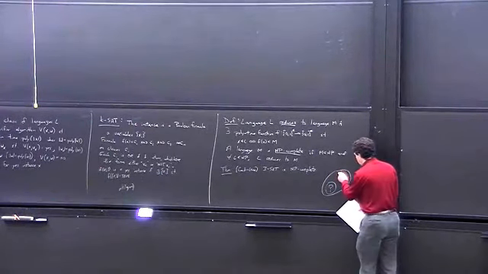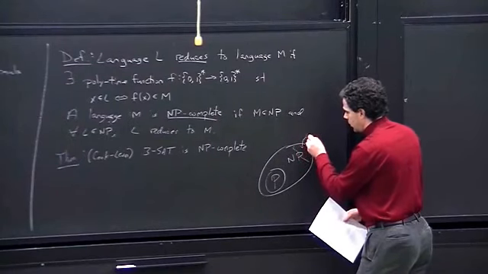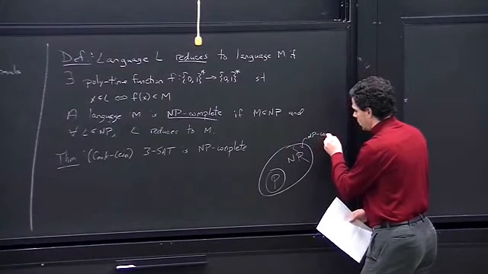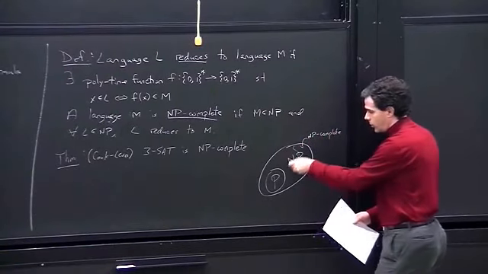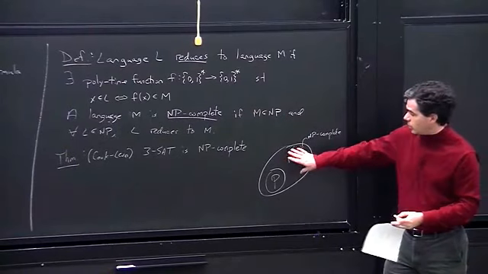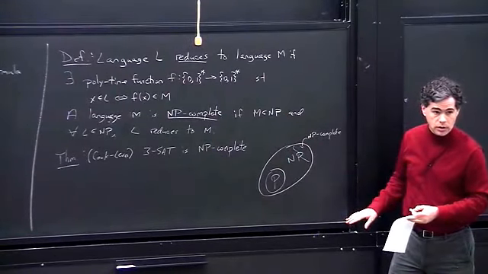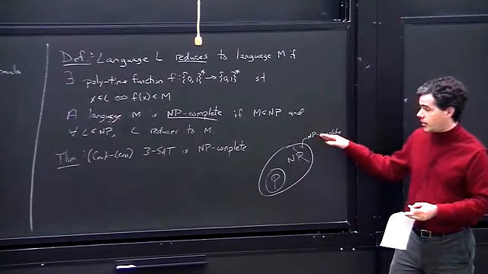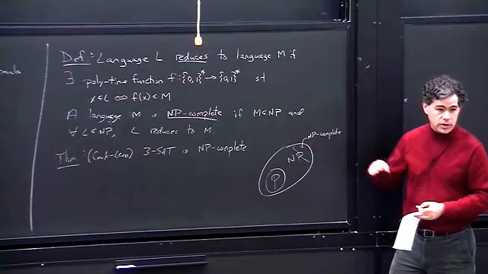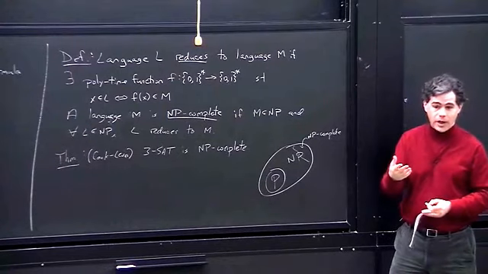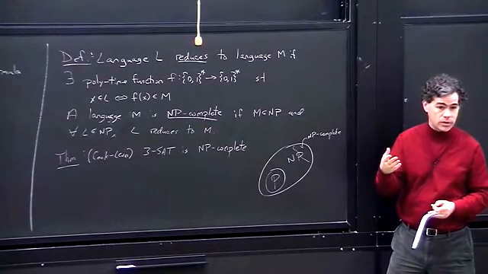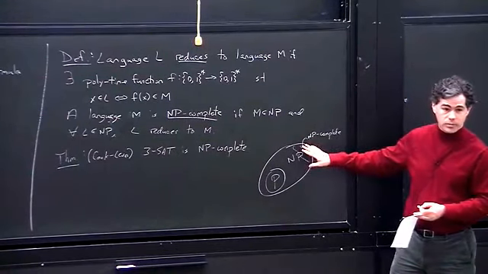And the NP-complete problems would be over here, because if you can solve one of them, the whole thing would be inside P. But there do seem to be problems outside of P that are still in NP. And so proving that something is NP-complete is considered very strong evidence that it's actually a hard problem, even though we can't actually prove that.